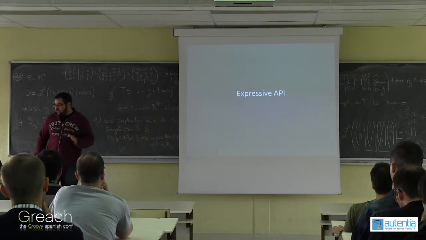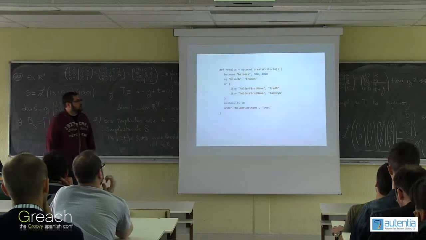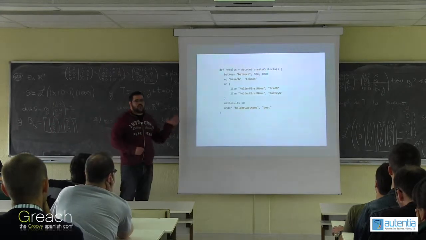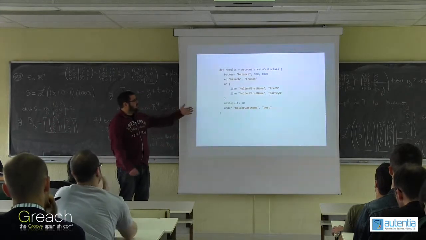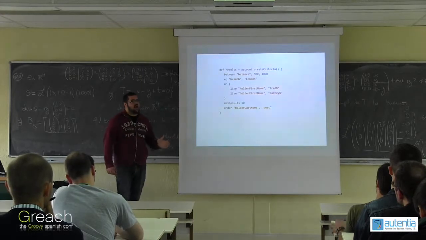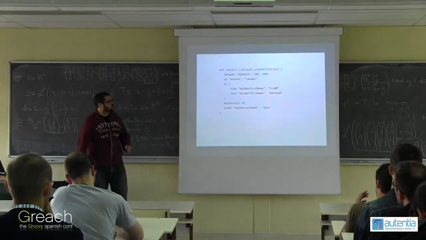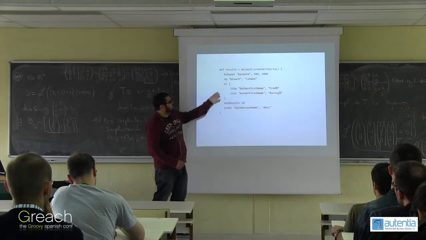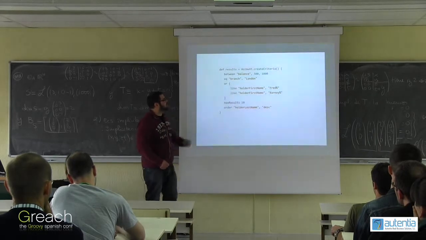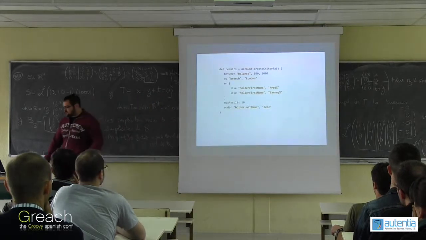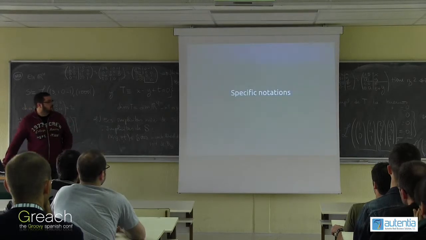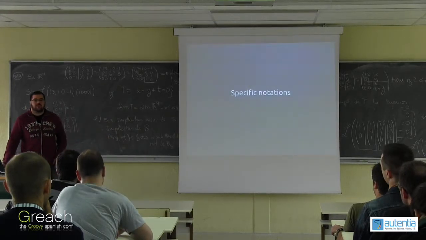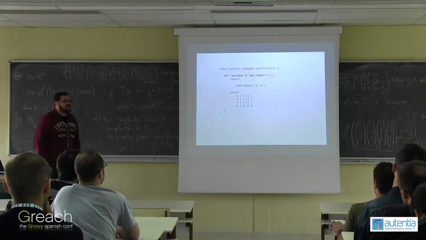We can use it for an expressive API, what I said before. This is a great example of a DSL in Groovy, the criteria DSL of GORM. It's very nice, no? You are almost programming in SQL with this. Well, what I meant by notation is this example.